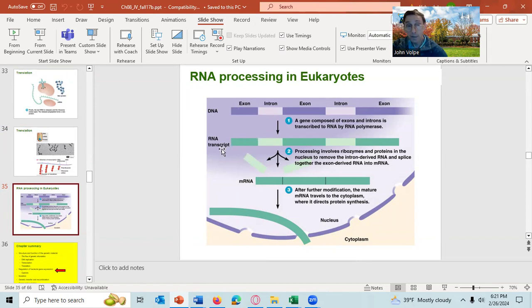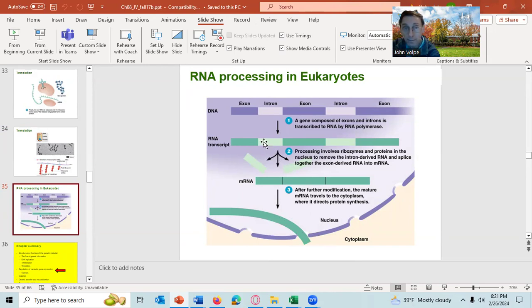When that messenger RNA is initially transcribed, it'll have both exons and intron regions. This initial RNA will not be allowed to leave the nucleus. The pores of the nuclear membrane will not allow the messenger RNA to go through if the messenger RNA has introns in it. The introns have to be removed. And how that happens is they will be spliced out.